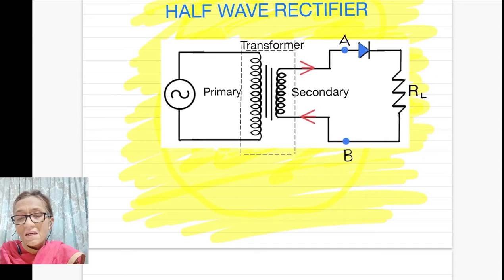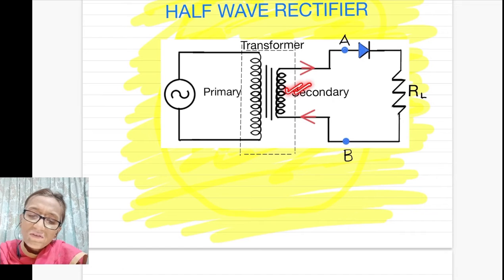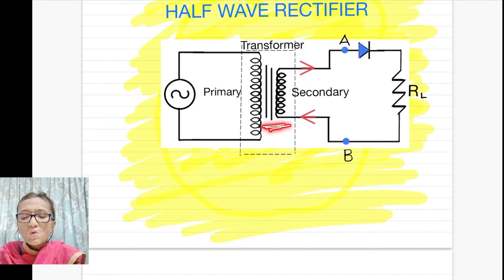Now, due to change in magnetic flux or magnetic field near this primary coil, an EMF is induced in the secondary coil. Here you have the secondary coil. There is no mechanical linkage, and therefore the flow of current will be smooth.